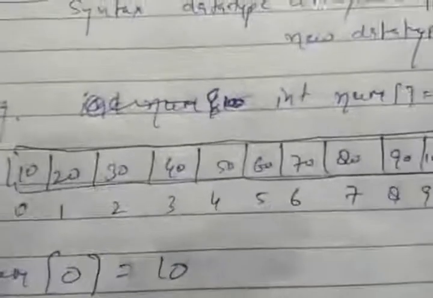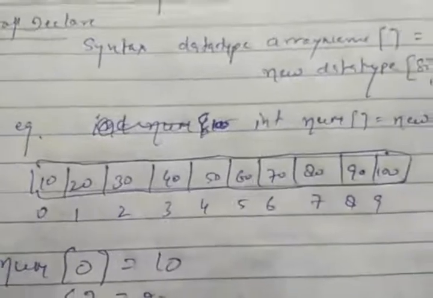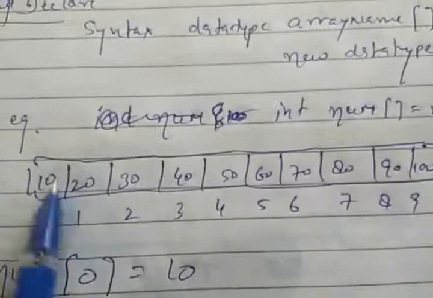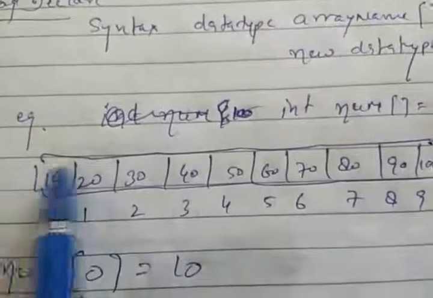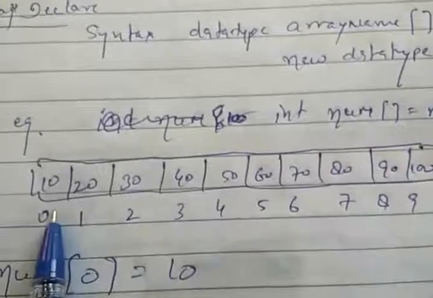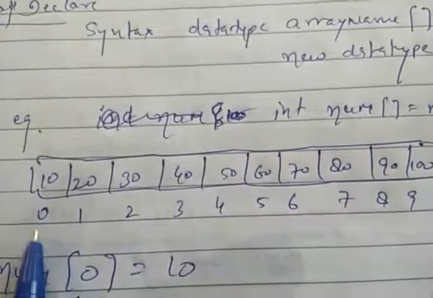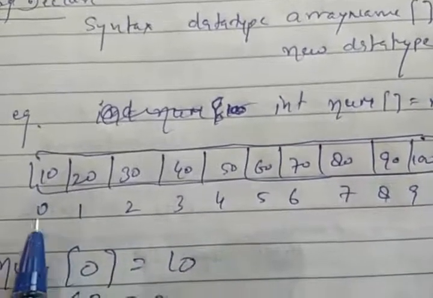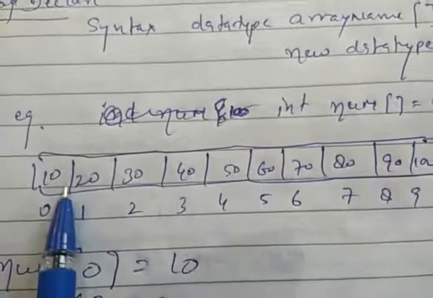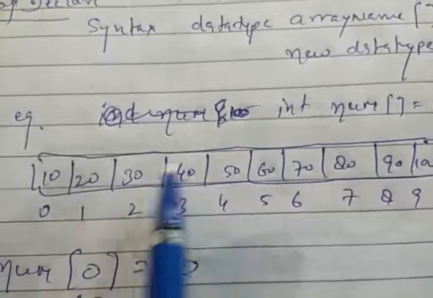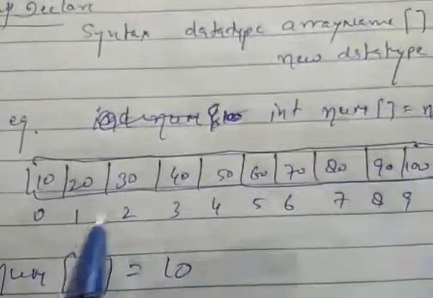Suppose we have created an array of size 10. So this will be stored in memory in this form. This is called the zero index. Suppose we are storing the values in this array 10, 20, 30, 40 up to 100.